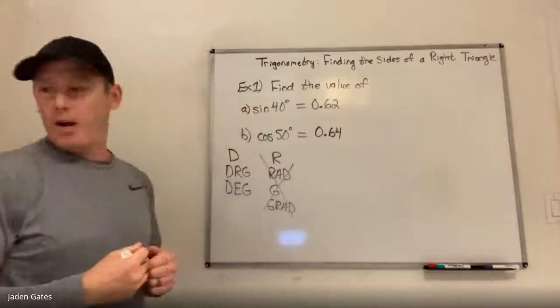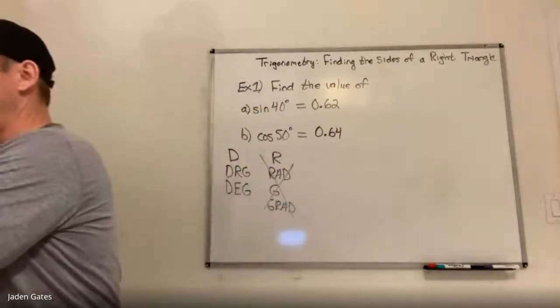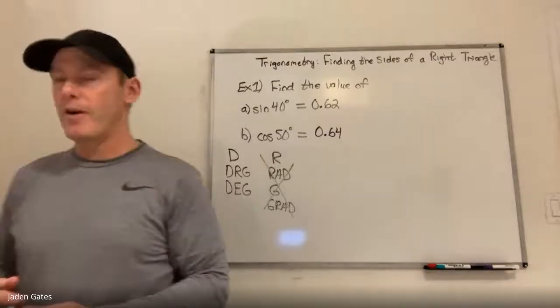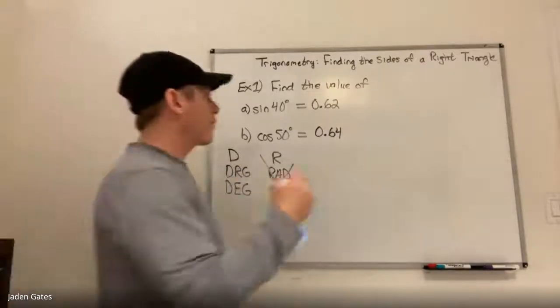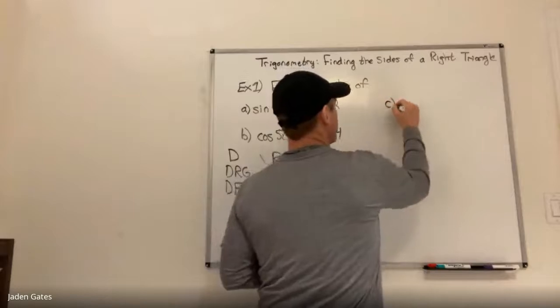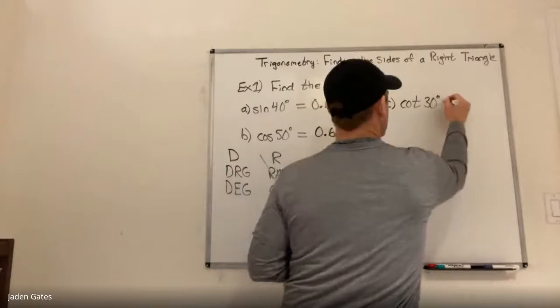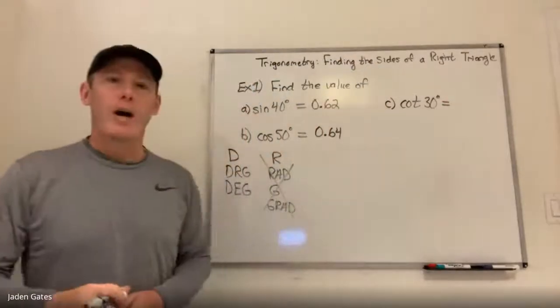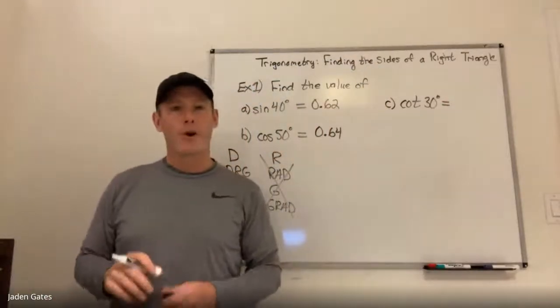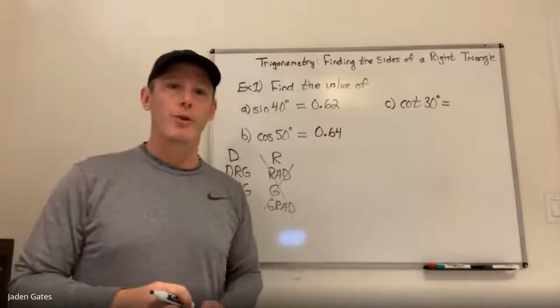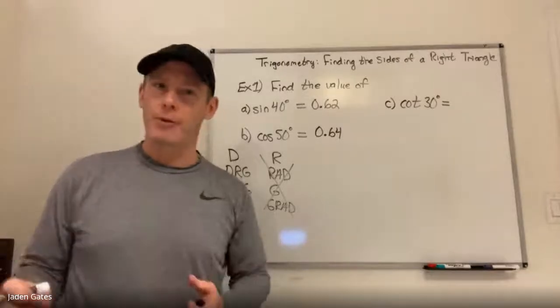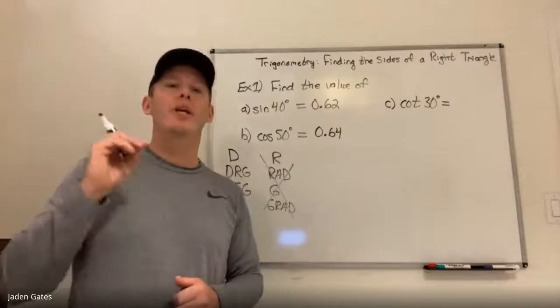There we go. Now, here's something new that I would assume you've never done before, the other ones. For instance, C, cotan of 30 degrees. Now, as I mentioned before, our three basic trig ratios are on your calculator. The other three reciprocal ones are not. So here's what we have to use.